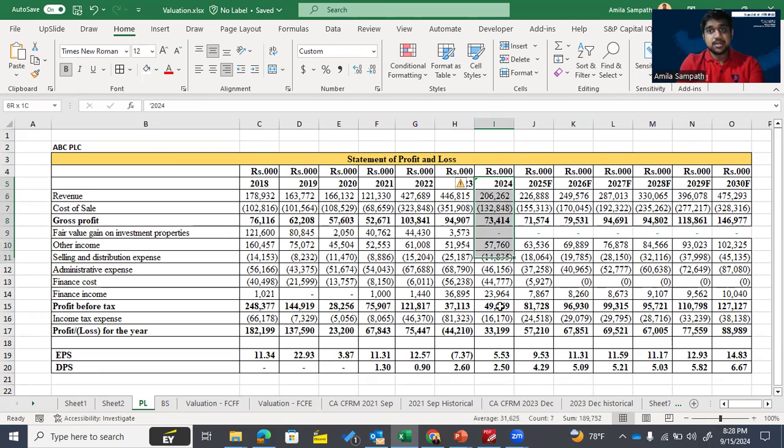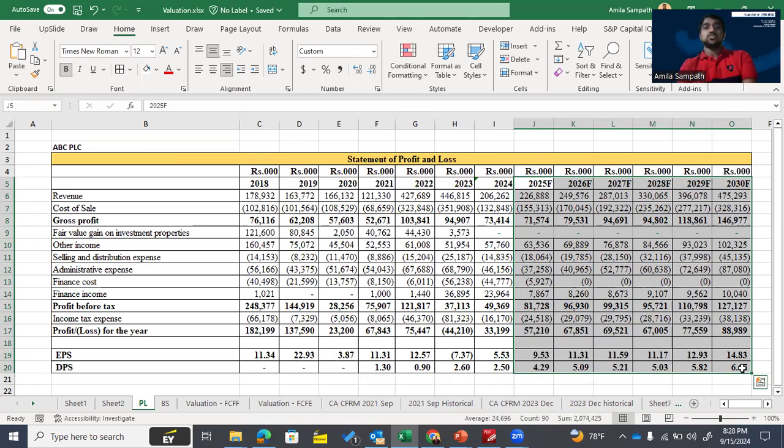Then we have details for the last 7 years, from 2018 to 2024. Based on the historical data, here you can see we have the forecasted profit and loss from financial year 2025 to financial year 2030.